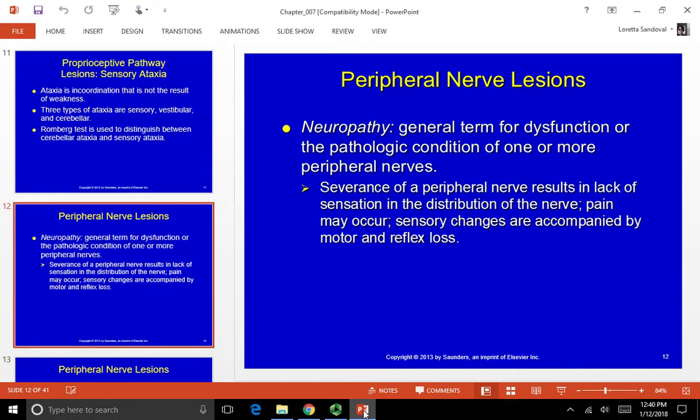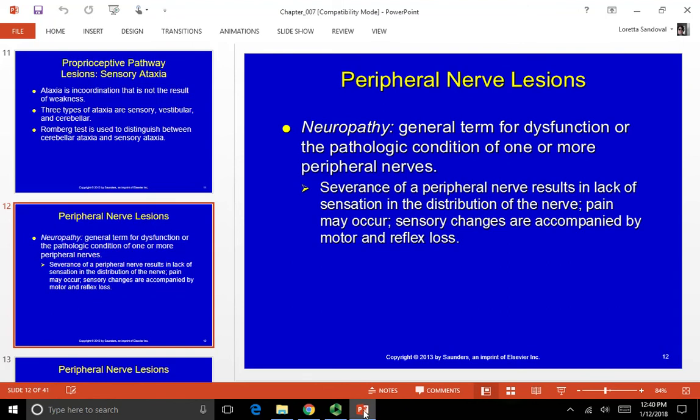So the word neuropathy is really a general term. It just means dysfunction of one or more peripheral nerves. So it's a pretty vague term, but the severing of a peripheral nerve results in lack of sensation in that peripheral nerve distribution.